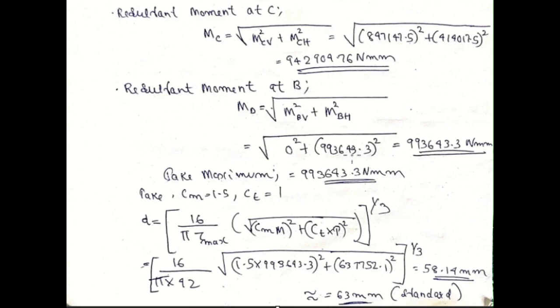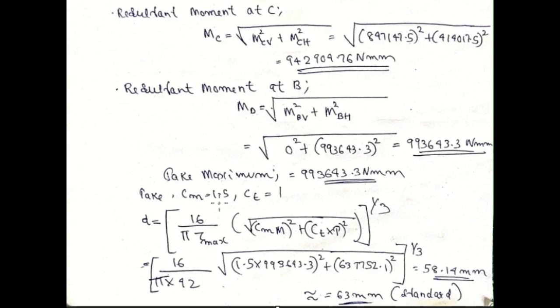Based on this equation, the maximum shear stress theory equation, you can only put the maximum value, so this M has to be the maximum moment. Among the moments at points C and B, take the maximum value, which will be at point B. That M value should be substituted in this equation.